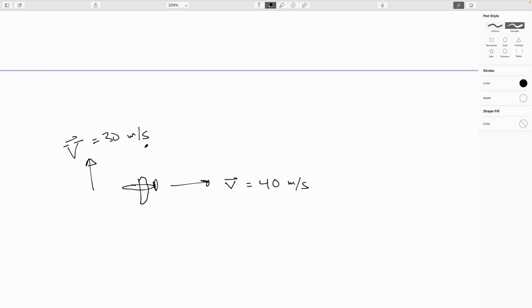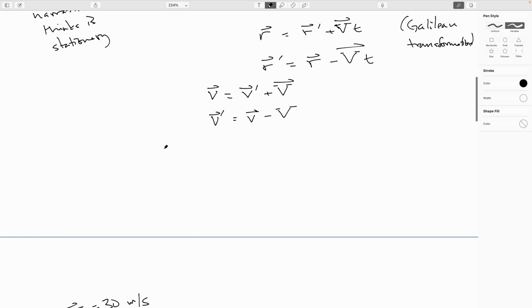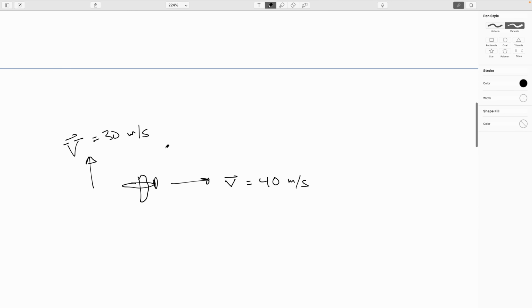So what would an observer on the ground see? And I already messed this up because V here is the speed of the wind. So this is wind, air measured by ground.